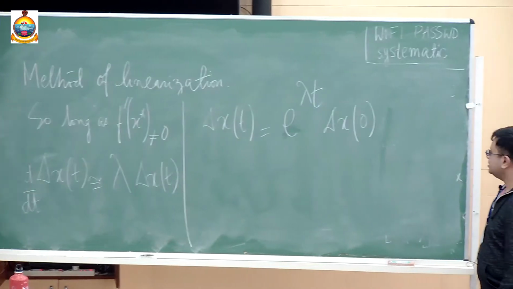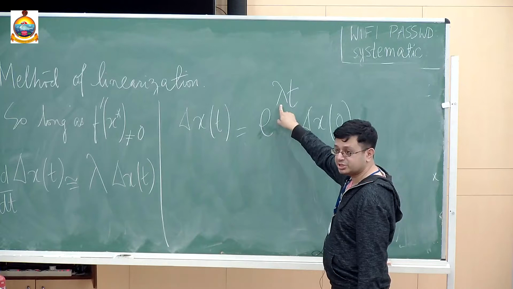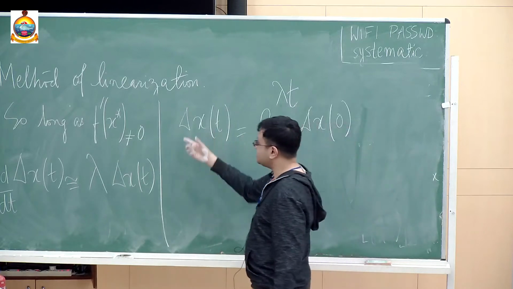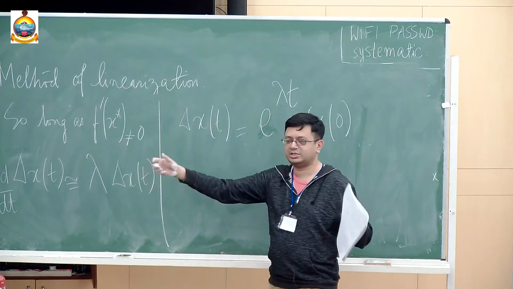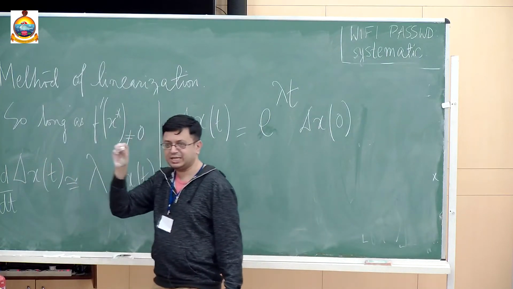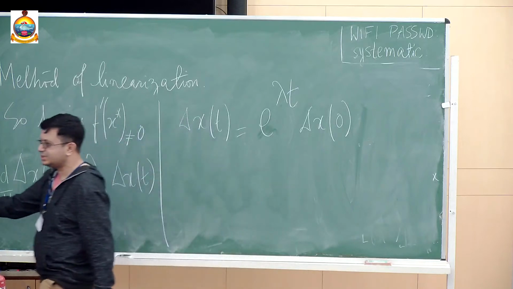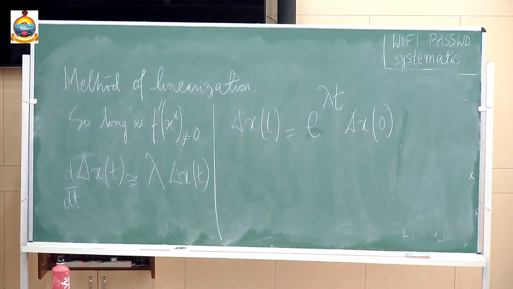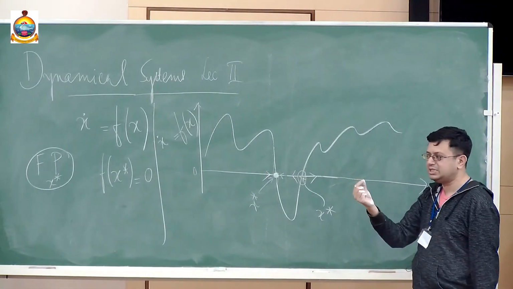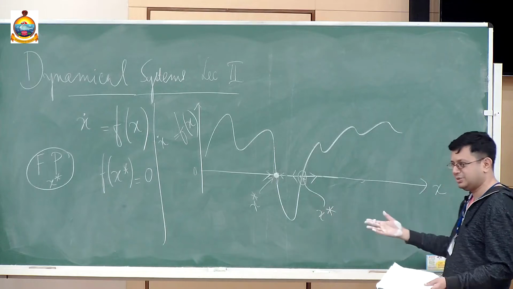So this tells me that if lambda happens to be positive, then this fluctuation is going to grow in time, and therefore the fixed point x star that I start out with is an unstable fixed point, in the same sense as here: delta x is 1 millimeter initially, but as time goes by it becomes 1 centimeter, 1 kilometer maybe.